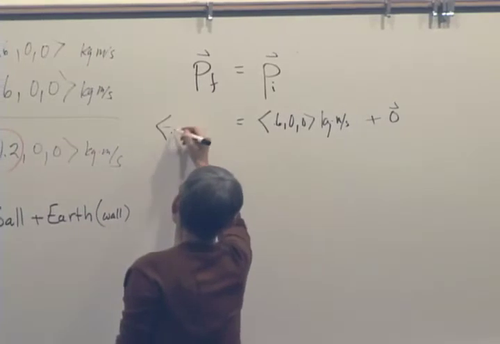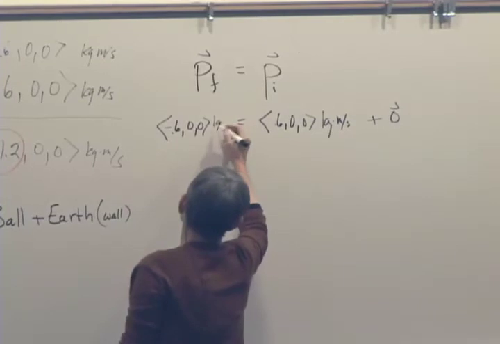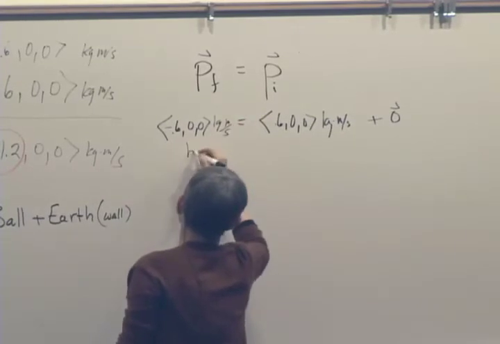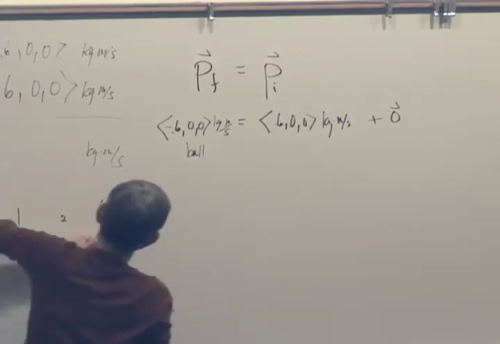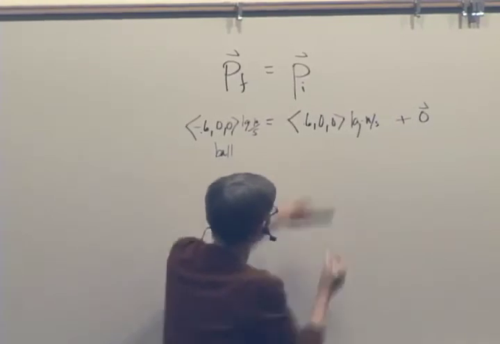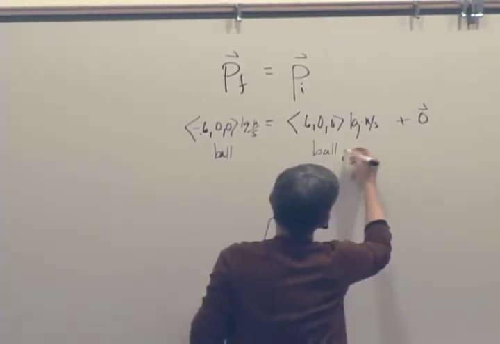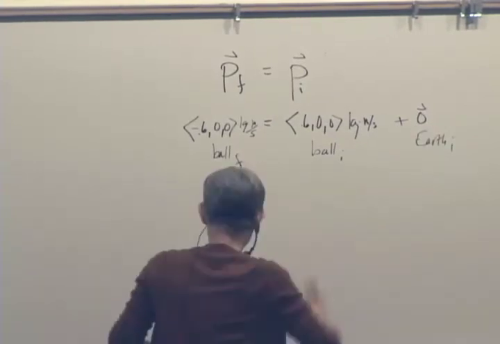So if we have a negative 0.600 kilogram meters per second for the ball, what do we have to add to it? So this is the ball initial, this is the Earth initial, this is the ball final.